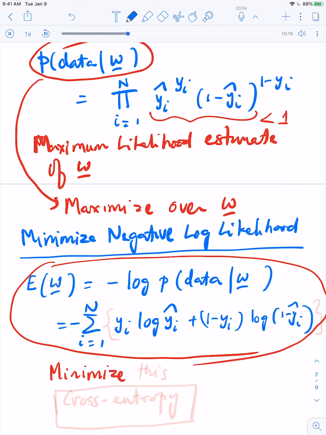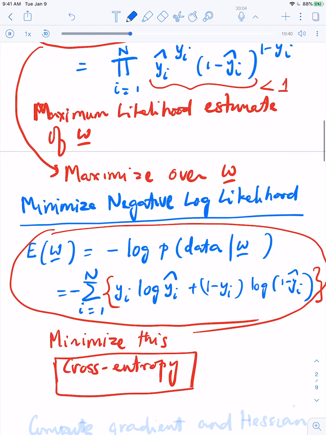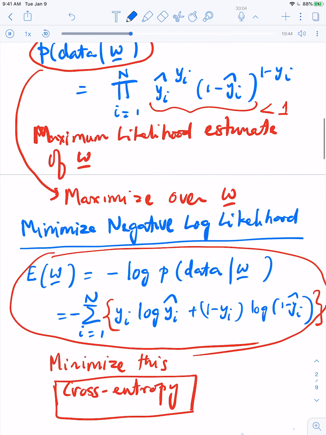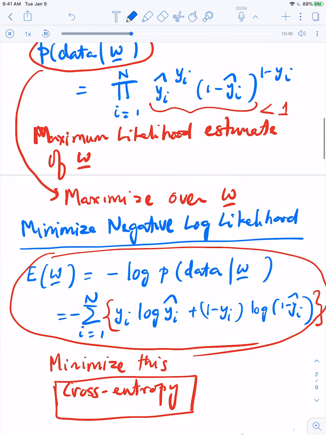And this is actually called the cross entropy between the estimates yi hats and the labels yi. This is a standard term, and you'll often see a deep neural network in which the cost function I'm optimizing with backpropagation is the cross entropy cost function. That's a very common cost function to use when you're trying to do classification.